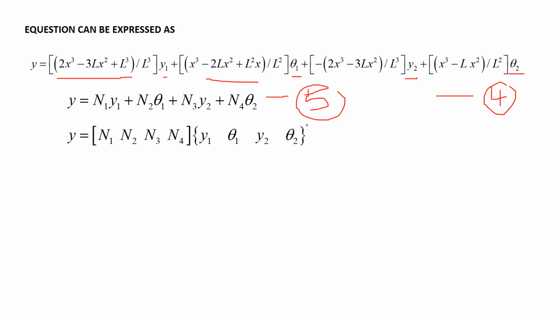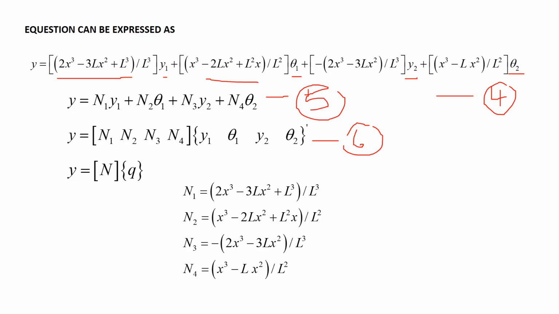Now we can write this same equation in terms of vector form. This is equation 6, the transpose matrix. So y is equal to N transpose q. What is N? N is the matrix of n1, n2, n3, n4 shape functions of this beam element. That is q. q is equal to y1, theta 1, y2, theta 2.